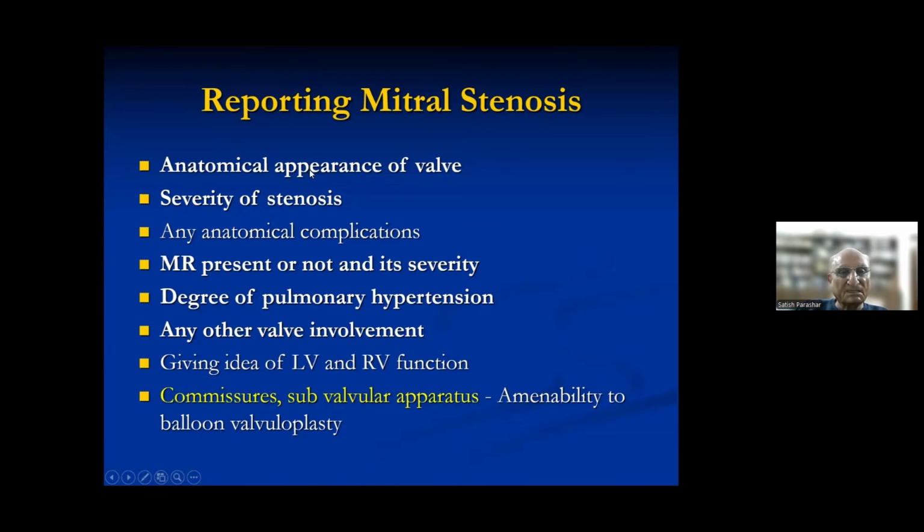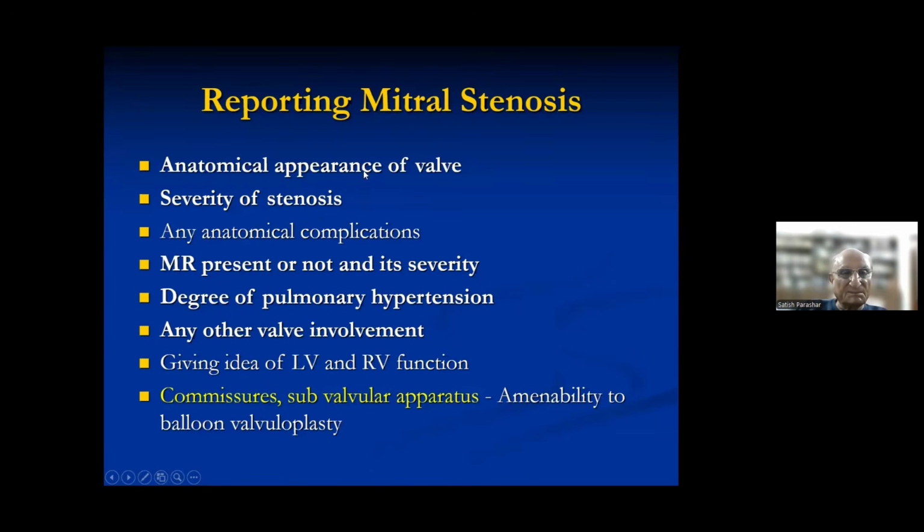Because a calcified valve is not suitable for a balloon valvotomy, and more than mild MR is not conducive for this balloon. So MR, degree of pulmonary hypertension, any other valve involvement, commissures and subvalvular apparatus. They tell us whether it is suitable for balloon valvuloplasty or not.